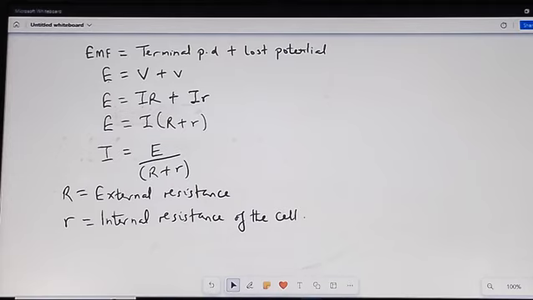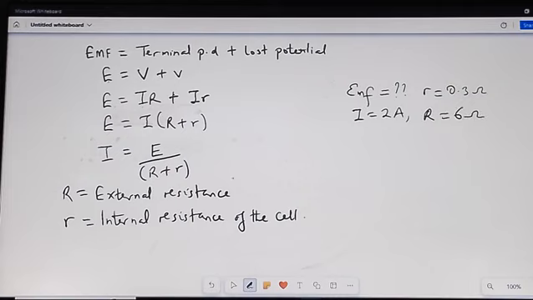Assuming the EMF of a cell is unknown, but we have that the internal resistance r is equal to 0.3 ohm, the current I is 2 ampere, and the external resistance capital R is equal to 6 ohm.